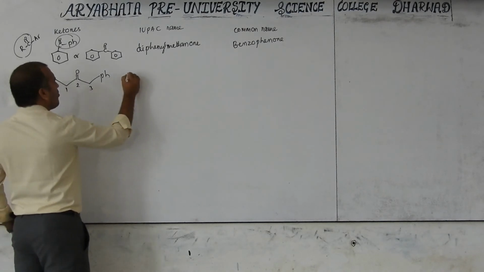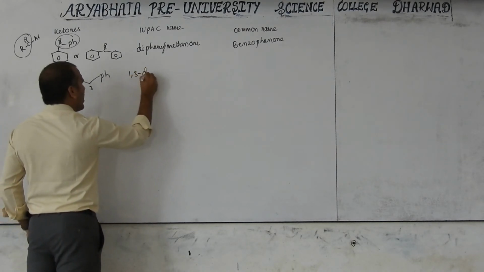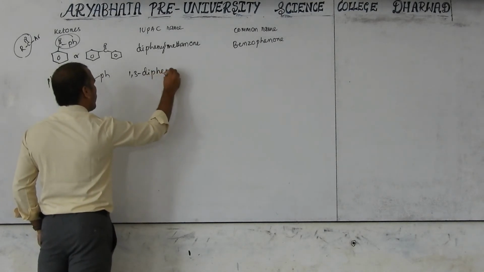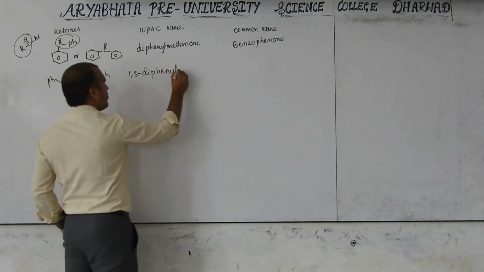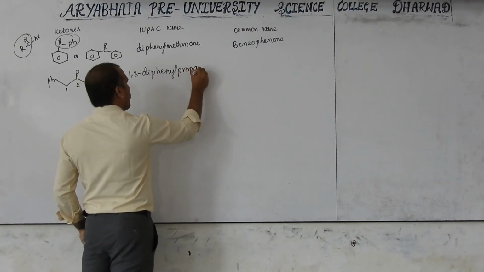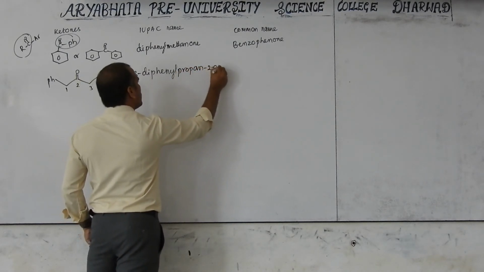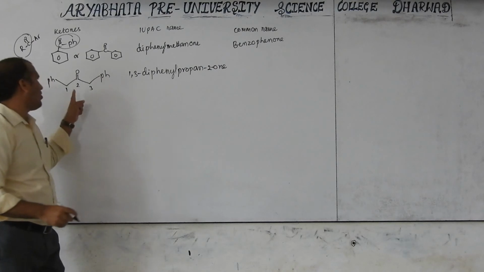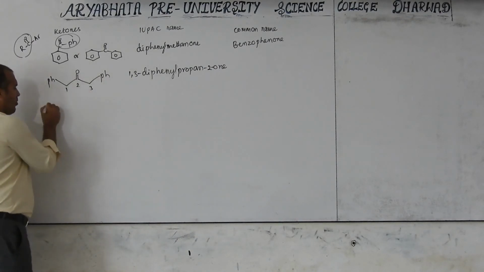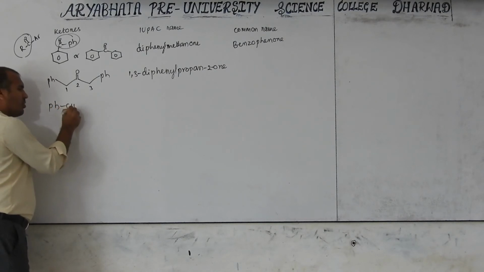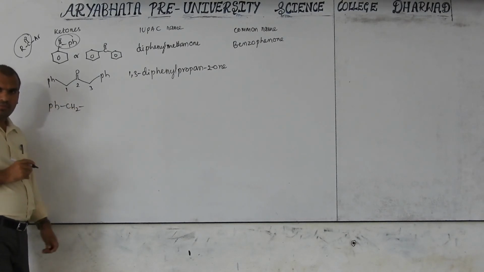Now it is called 1,3-diphenylpropan-2-one. Second position we have the double bond. What is the common name we can take here?